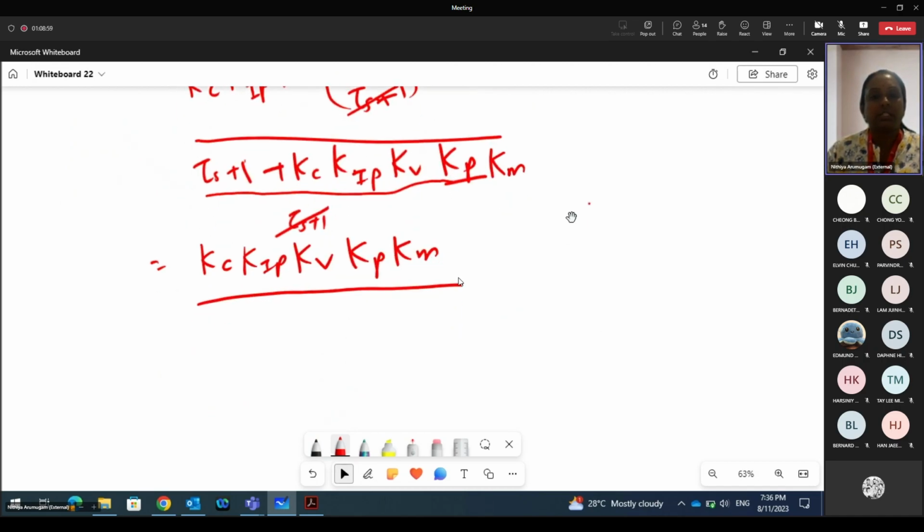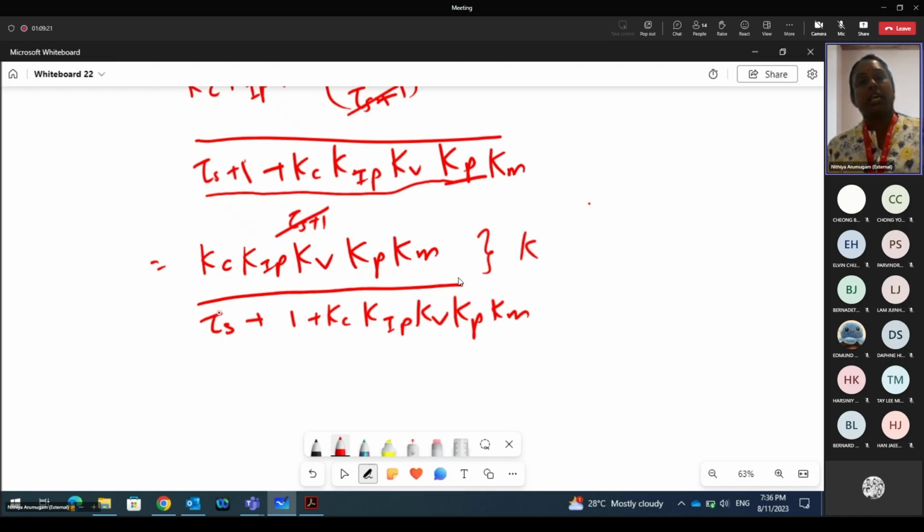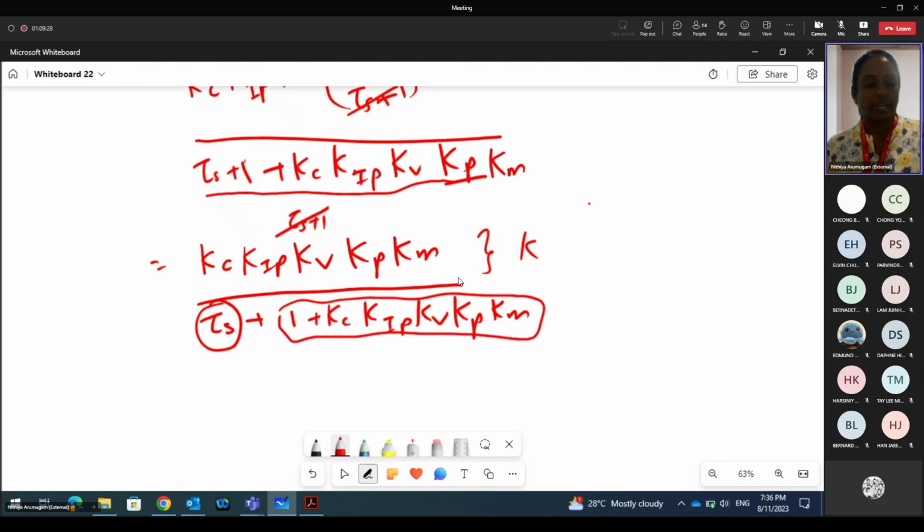So this bottom denominator, I'm going to put it as tau s plus 1 plus Kc, Kip, Kv, Kp, Km. If you notice, this is K, tau s we have, and this is 1, plus 1.